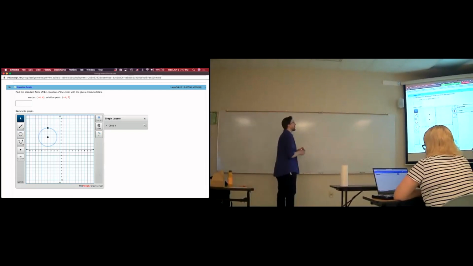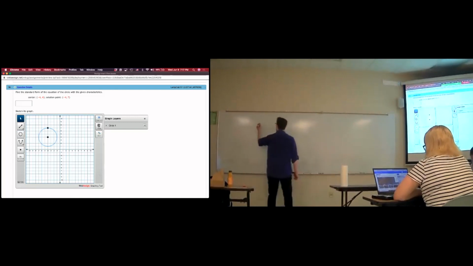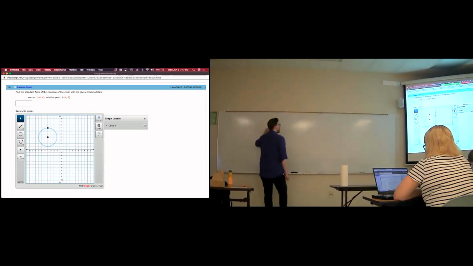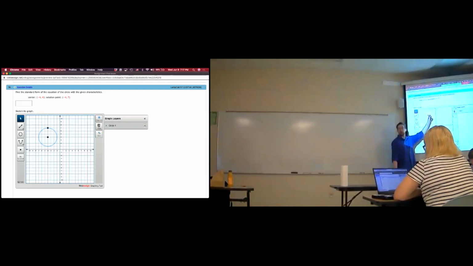Now, to find the standard form, we got r is equal to the distance from our center up to that point, right?